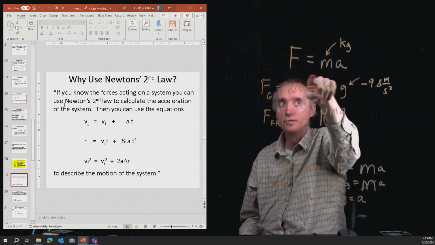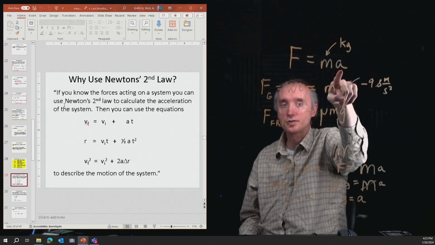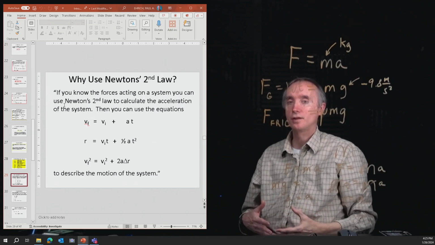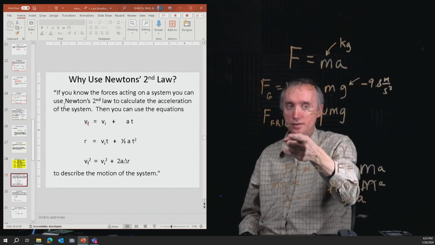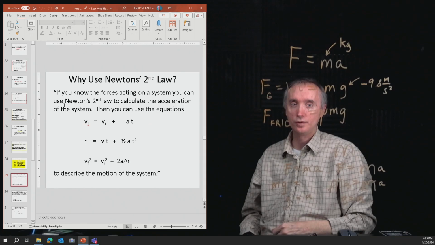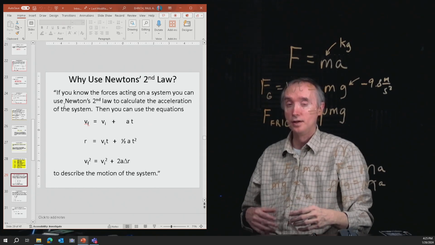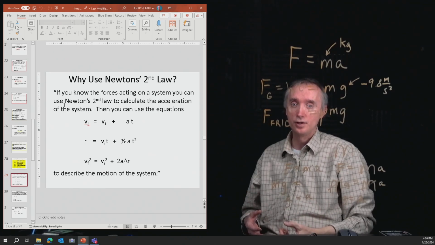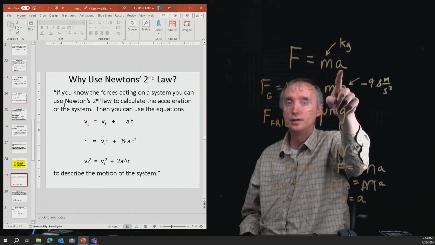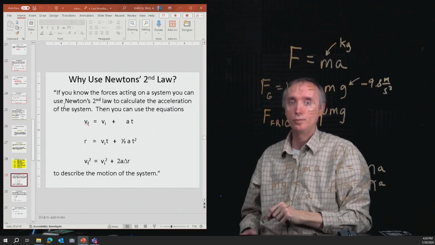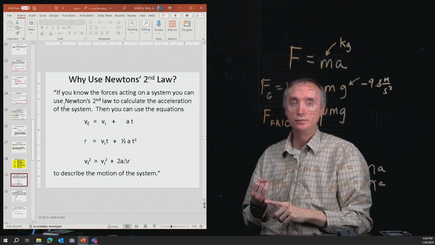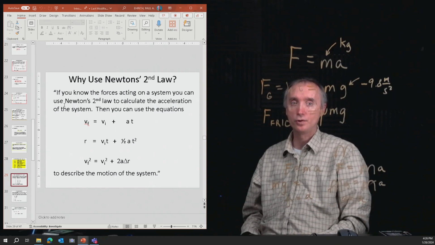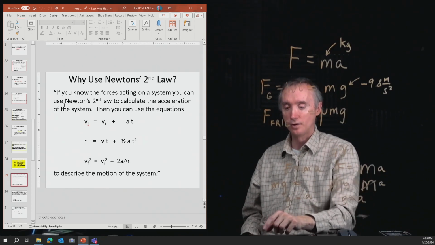And then we solve this equation for the acceleration. Once we know what the acceleration is, we've got these equations here: the how fast equation, the how far equation, and then the hybrid equation. So we could plug the a into those equations, and then we would know how fast it is going and how far it is going. That's the reason why we normally use Newton's second law.